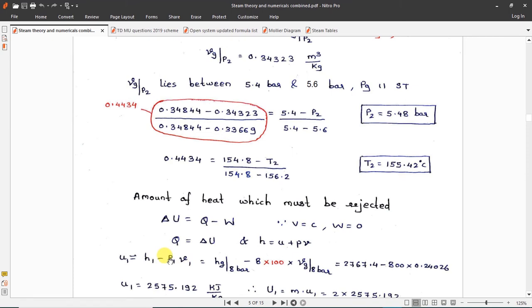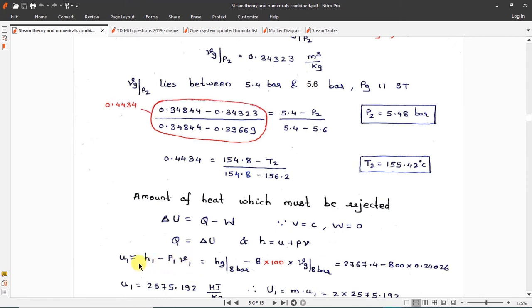Now when you are using this pressure, remember that when you are solving numericals on steam table, everywhere you are taking pressure in bar. That is why I have written it in red. You have to convert this pressure into kilopascal. Why? Because the unit of enthalpy is kilojoule per kg and the unit of specific volume is meter cube per kg.